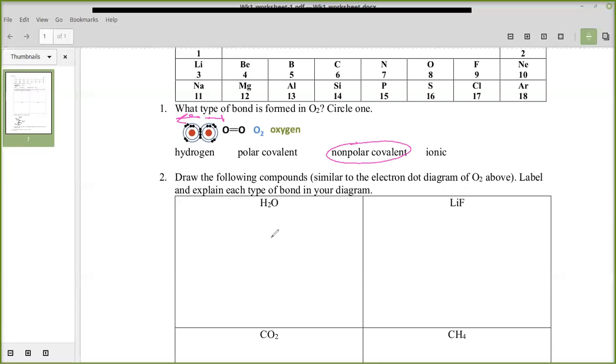Okay, let's start off with water. What should I put in the center for this? What should I start off with? Oxygen, right? So we have oxygen, and then what should I draw with the oxygen?